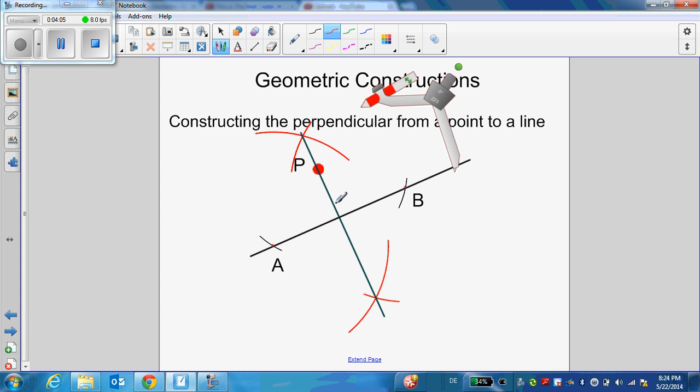Another thing you have to remember with perpendicular lines is that it creates a right angle. So we have 4 right angles here. It'll be important to remember that you can create right angles this way later on in this amazing video.